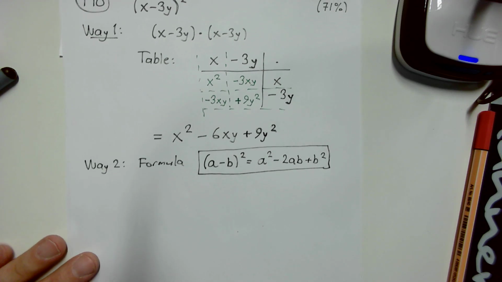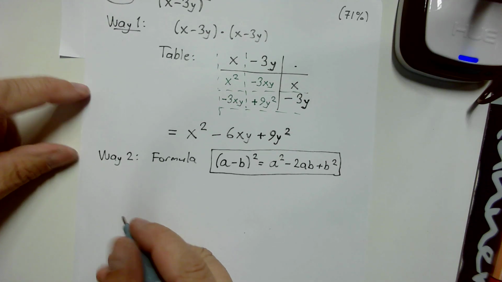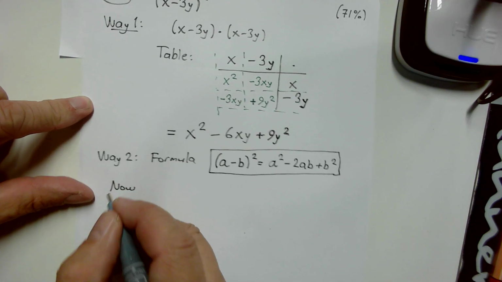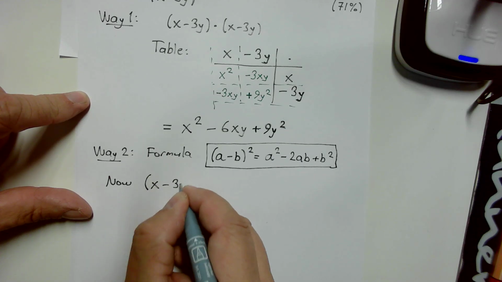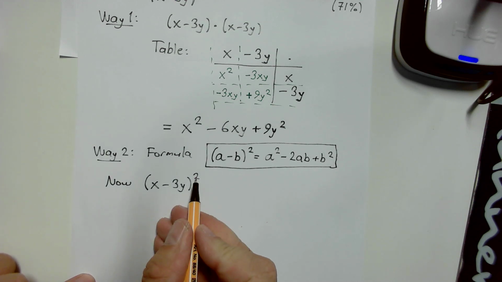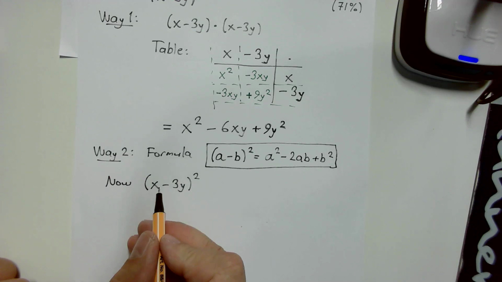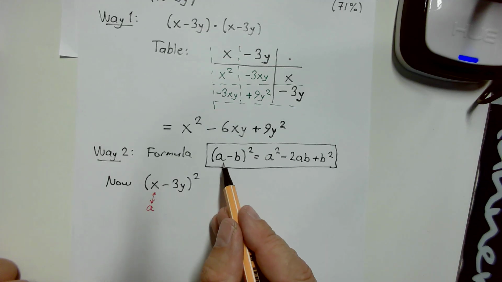And now we have this kind of problem, and we just see that there is a minus sign and there is an exponent, or power, of 2. We see that the first term here is x, and that is the same as a in this formula.